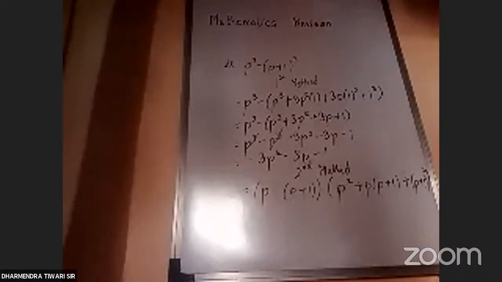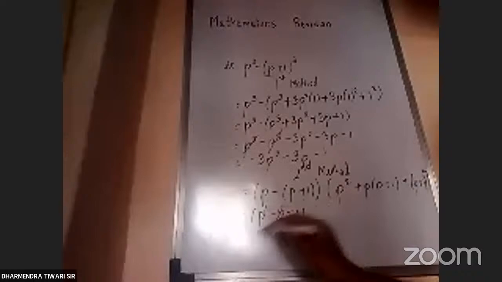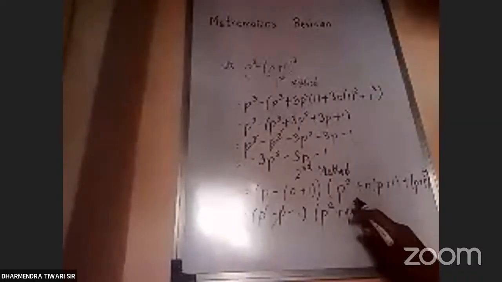Just what you need to do, the bracket will get cancelled. P minus p minus 1. So p and p get cancelled. What remains? Minus 1 remains here. P square plus, open the bracket. P into p is p square plus p into 1 is p.